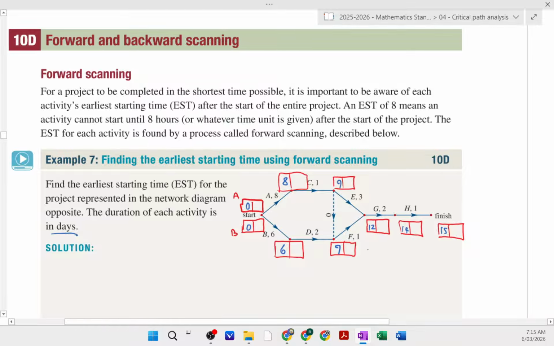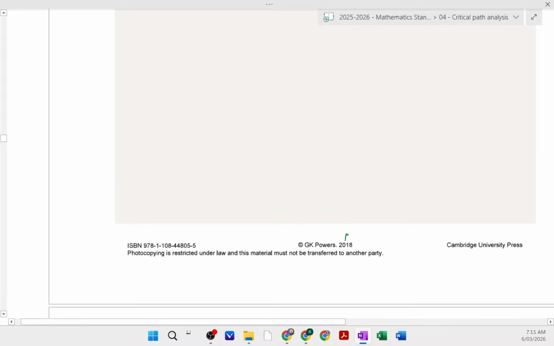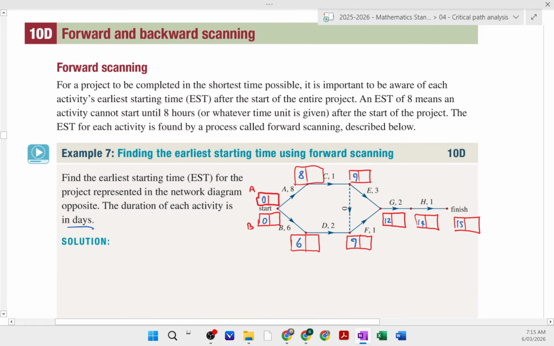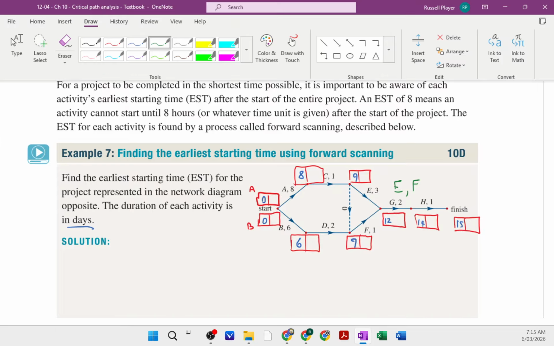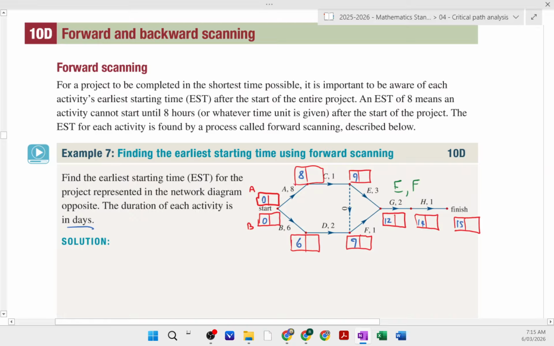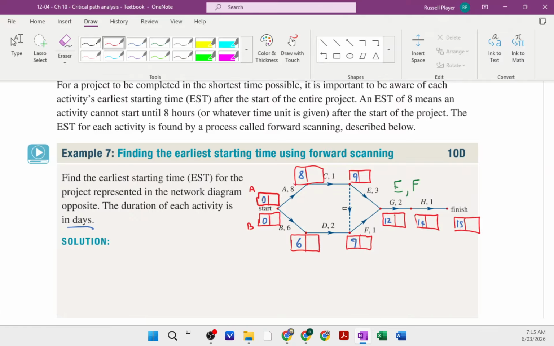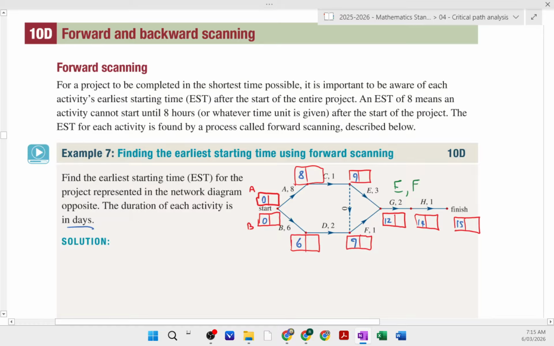Now, this also applies when you get to this one up here. F only takes 1 day, and its earliest starting time is 9 days. So if you add the 1 to that, you would expect it to be 10. But G requires both E and F. Now, F might have given it an earlier starting time of 10, but we are also waiting for E to finish, and E wasn't going to let it start until 12.